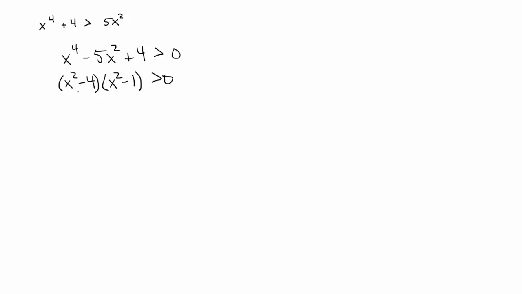Now, for some people, it will be easier to rewrite this. With a substitution, I can rewrite this to make it look a lot more like a quadratic. What I really did is say that x squared is equal to u. If I rewrite this with the substitution, I'll have u squared minus 5u plus 4 is greater than 0.